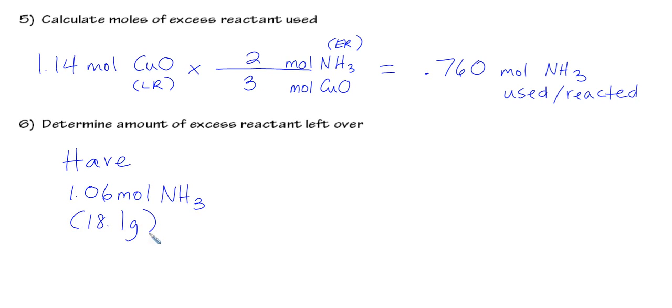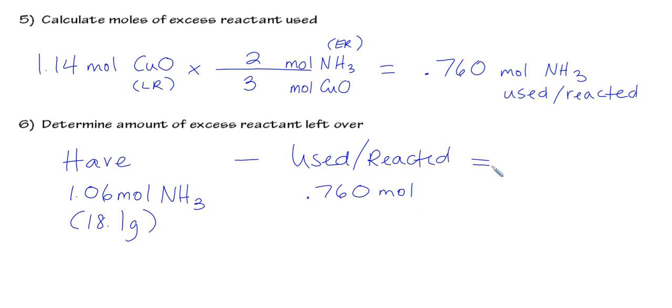But then we switched it into moles. We'll just do a subtraction now. What we have minus the amount that was used or reacted. And if I keep it in moles, it was 0.760. The difference is the amount left over.